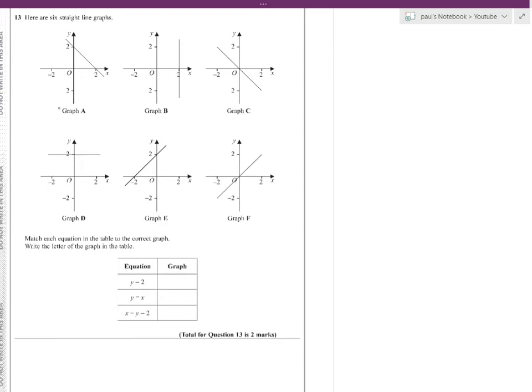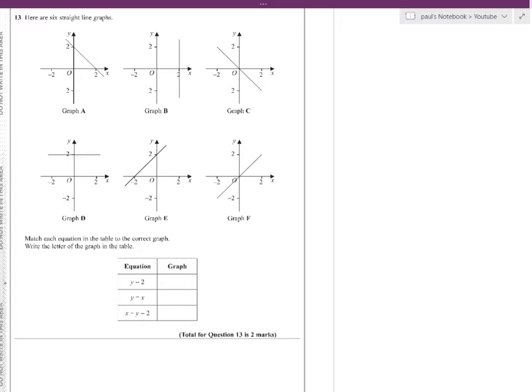Match each equation in the table to the correct graph. Oh, this is a bit complicated, isn't it?